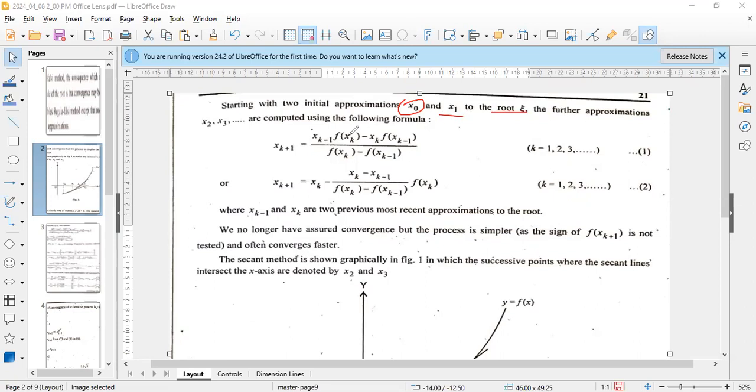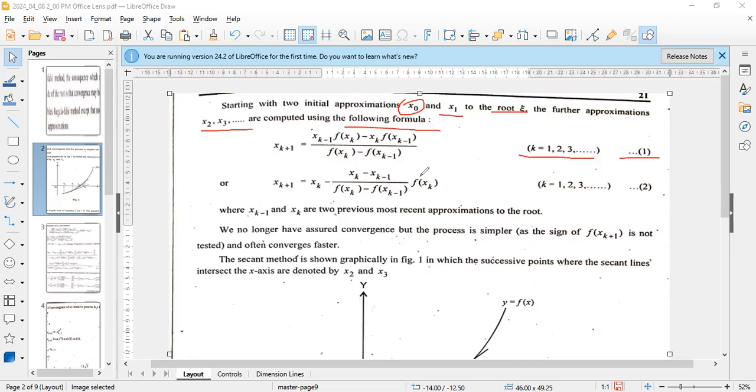The further approximations x2, x3 and so on are computed using the following formula: x(k+1) = [x(k-1) f(xk) - xk f(x(k-1))] / [f(xk) - f(x(k-1))], where k is 1, 2, 3 and so on. We call this equation number 1. We can also write it as x(k+1) = xk - [(xk - x(k-1)) / (f(xk) - f(x(k-1)))] f(xk).